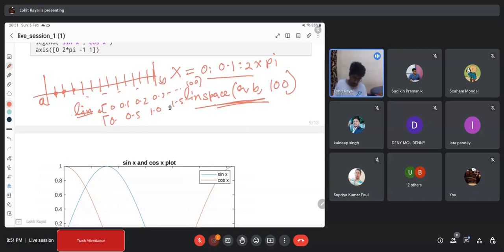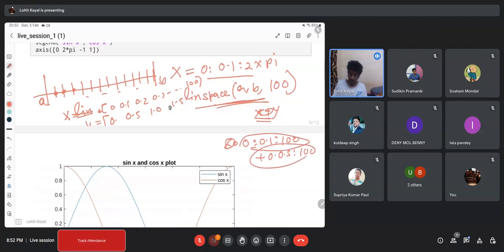Now you can provide a name to it, x equal to, and y equal to. If you simply add x plus y, it will give you the result. Or you can just write 0 to 0.1 to 100 plus 0 to 0.5 to 1000.